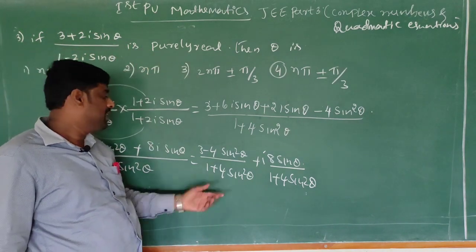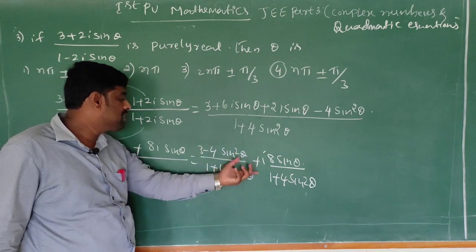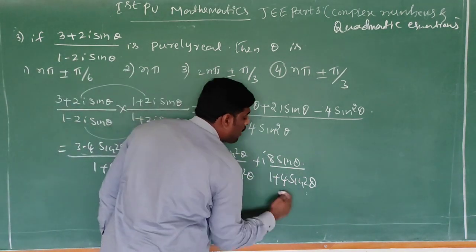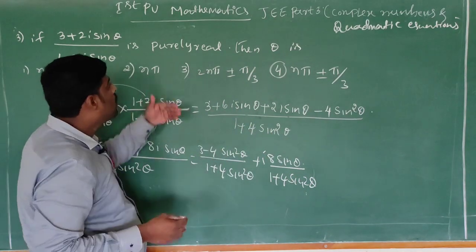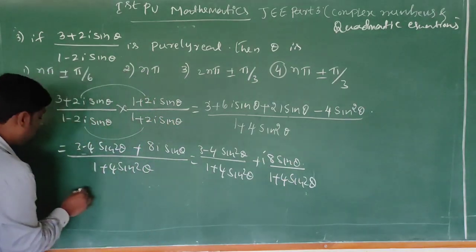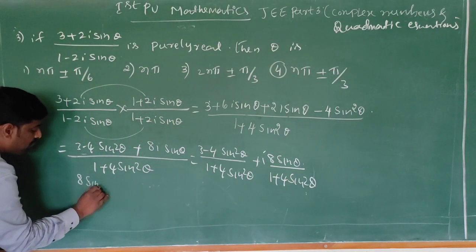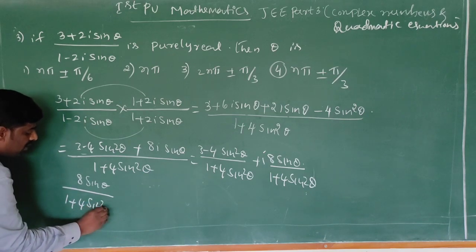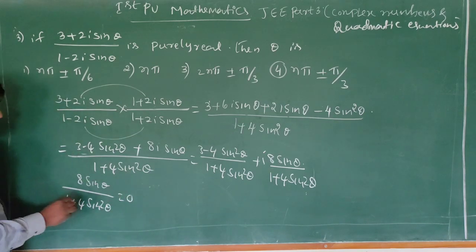Purely real means the real part of z is 0, this value is 0. You just have to take the imaginary part. Purely real means this value is 0. You will take this one only: 8 sin theta divided by 1 plus 4 sin square theta is equal to 0.